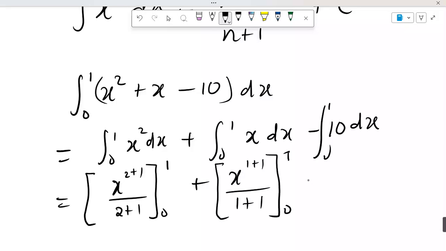Minus, this is a constant, so integrating a constant you just add x, no need to waste time. So this will be 10x, from 0 to 1.